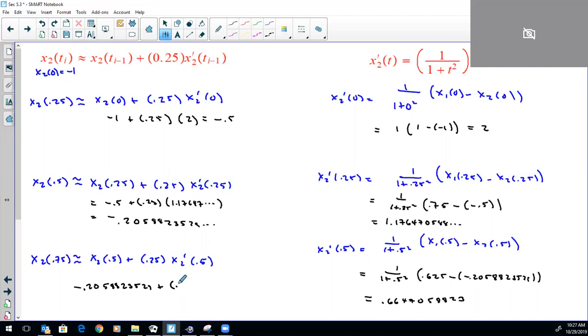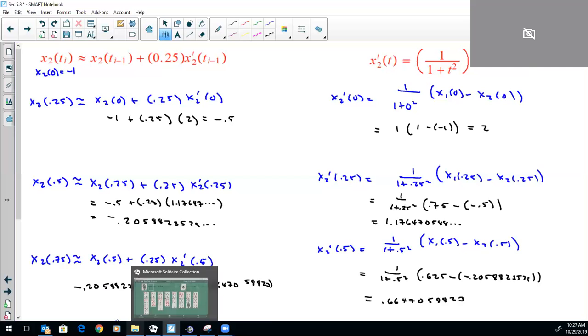So when we go over here, x2 of 0.75 is approximately x2 of 0.5, which is negative 0.205823529 plus 0.25 times this thing, which is negative 0.039705 8823.